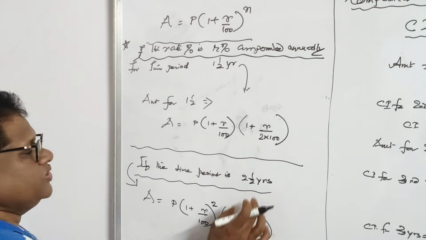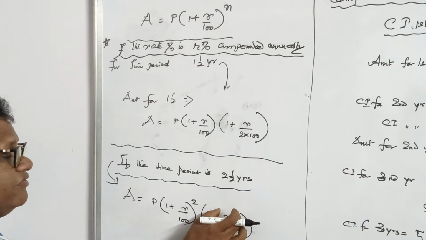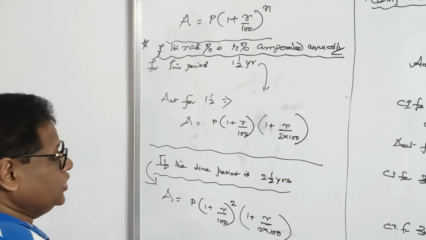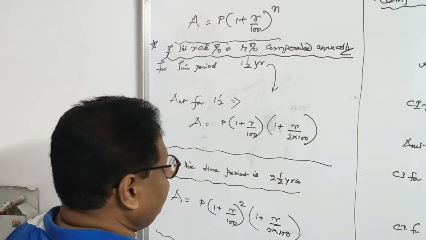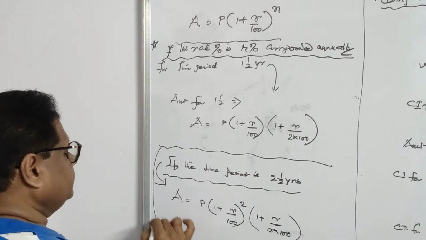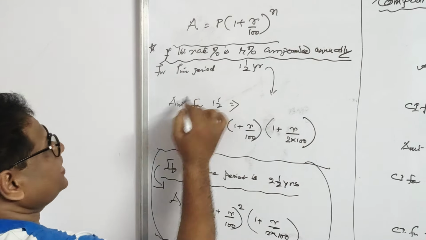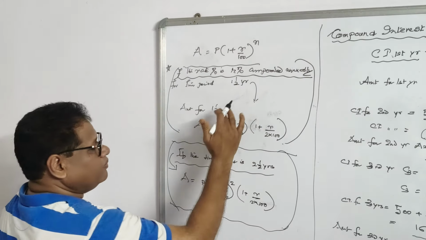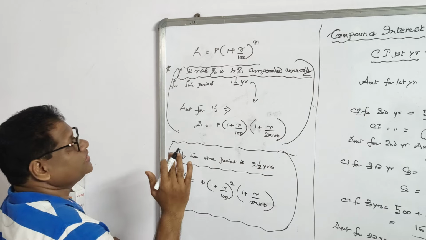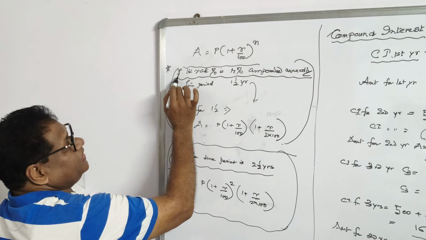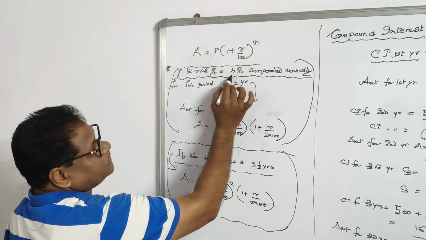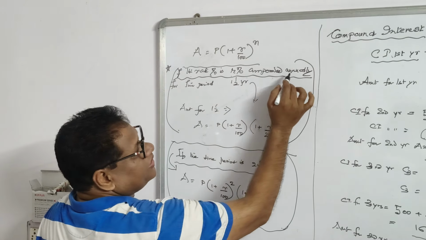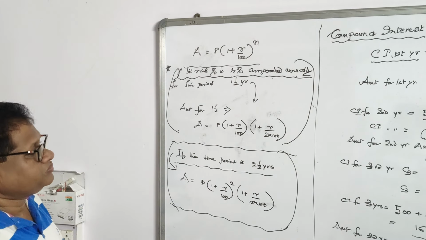Why? Because for the remaining half year, the rate will be half. Okay. So this is the expression for 2.5 years, right? This is the expression for 1.5 year. Okay. And in both the conditions we are simply mentioning that the rate of interest is R% per annum compounded annually. Okay.